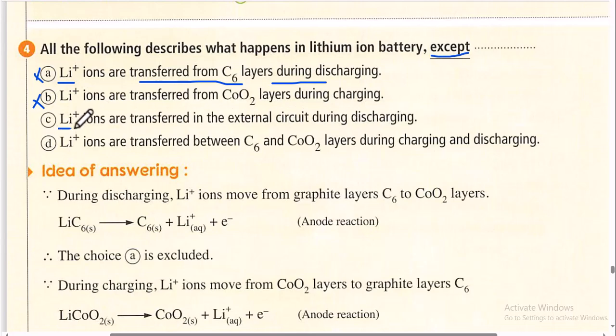Lithium ion is transferred through the electrolyte, not the external circuit, the wire. What is transferred in the electric wire is just electrons, not ions. So it is the wrong option, and it is the answer because the question asked about the exception. So the correct choice here is C.